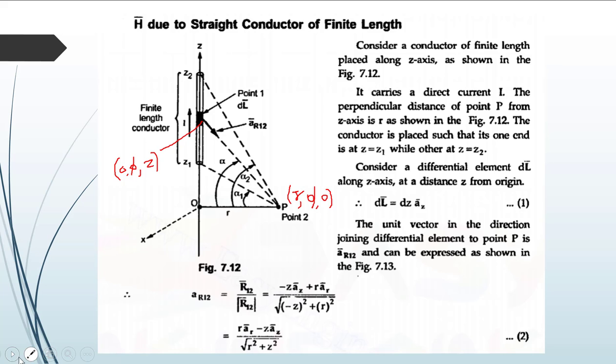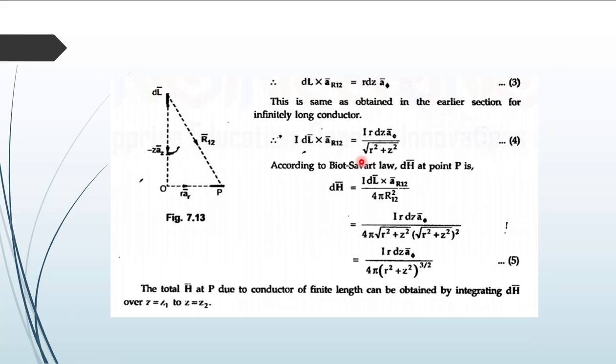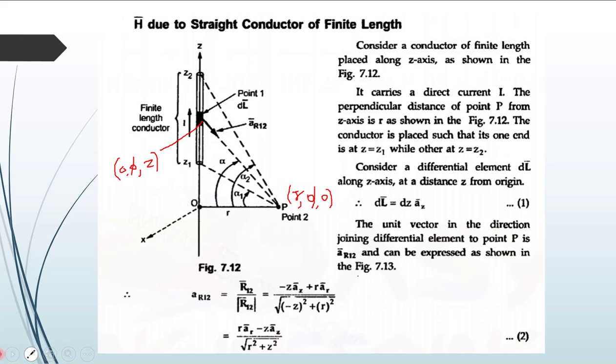Now next, what is the Biot-Savart law? Biot-Savart law is I dl cross A cap R12 divided by 4 pi R12 square. So for this I will require dl cross A cap R12, that cross product we have to take. So dl we have already written as dz az, and in A cap R12 there are two types of parts, AR cap and AZ cap.